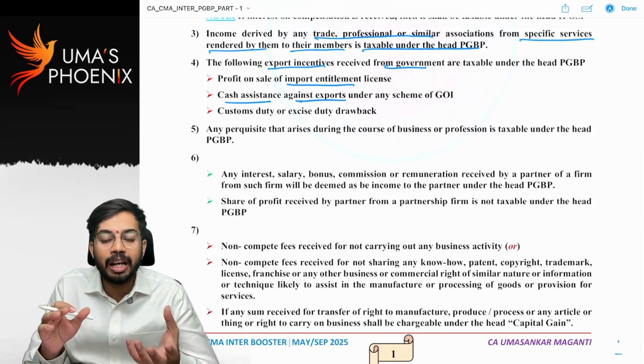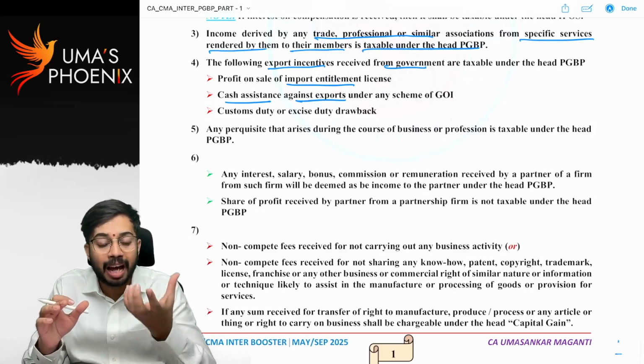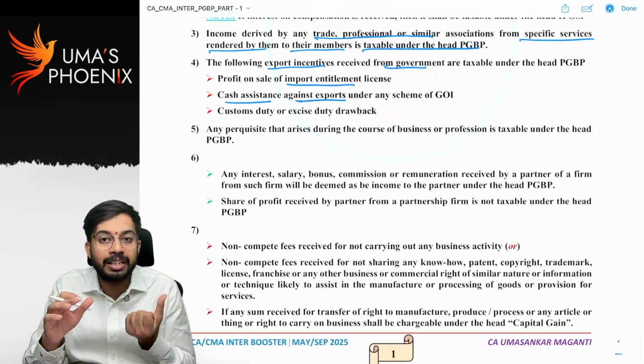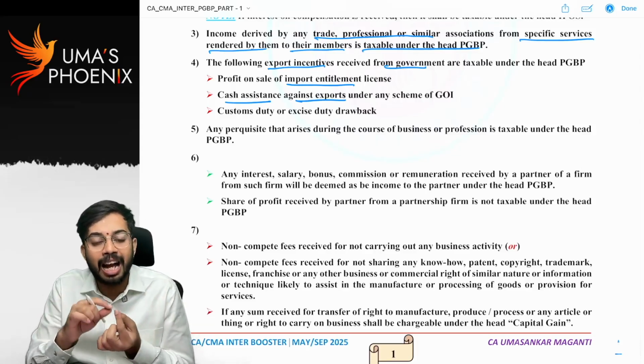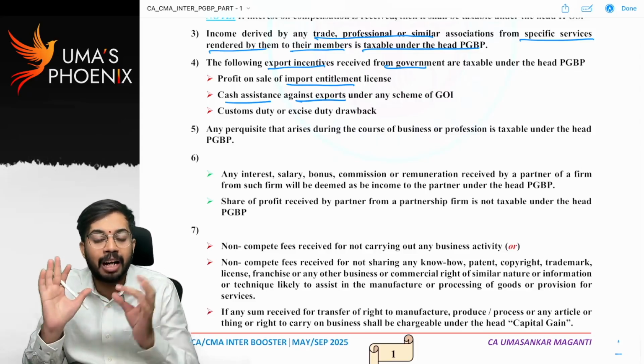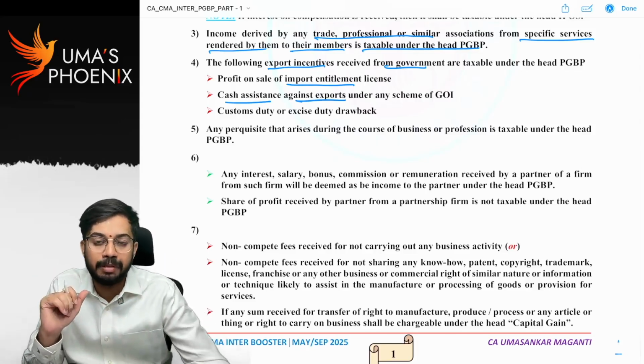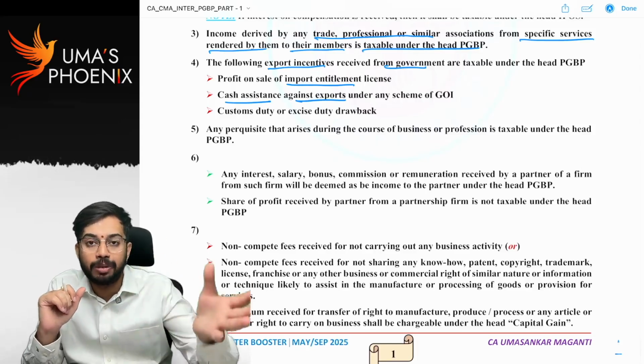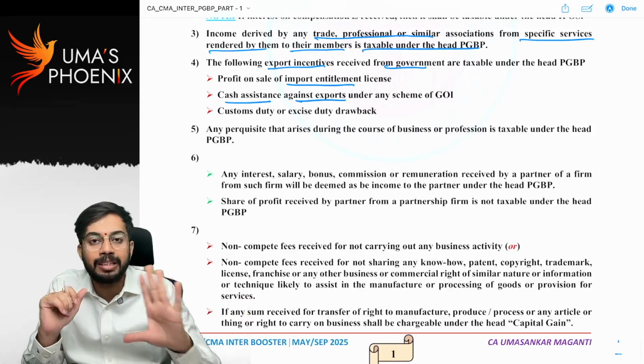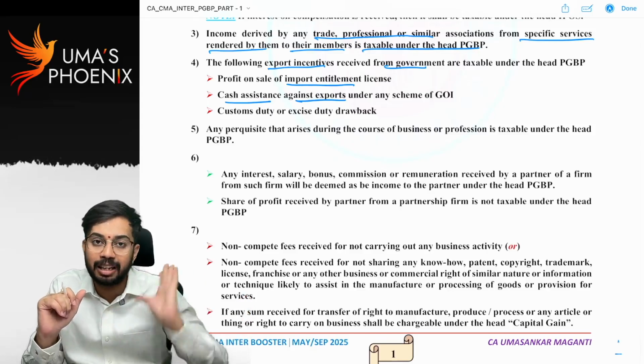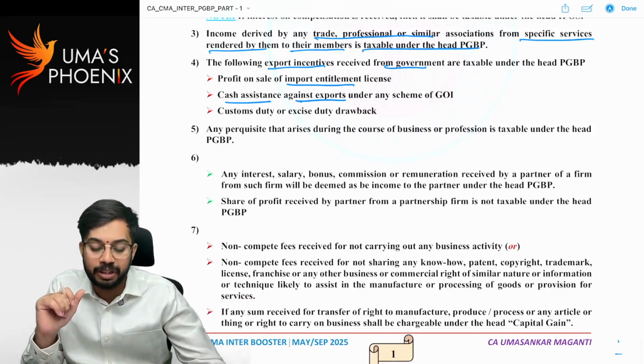So if you are getting any cash assistance or cash reward for doing exports, then whatever cash assistance or cash reward is received from the government is considered income, and that income is taxable under the head PGBP. I did 10 crores exports. For that I received 5 lakh rupees cash assistance from the government. This 5 lakh rupees that I have received is considered income and is taxable under the head PGBP.